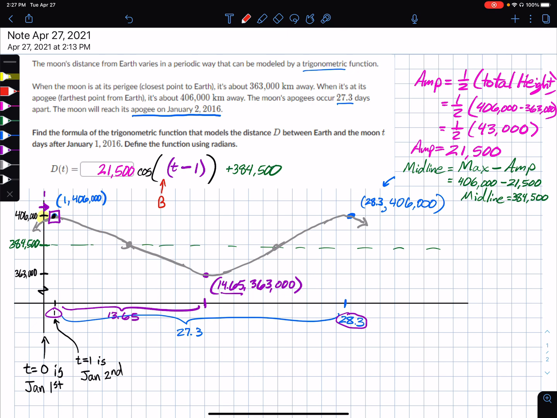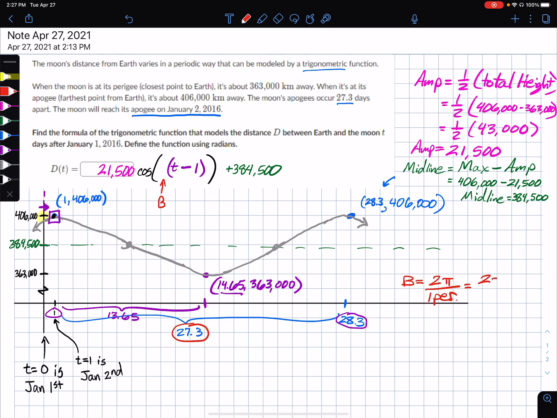So remember, b is equal to 2 pi divided by 1 period. And the beautiful thing about this problem is they gave us the period. The distance between apogees is like saying the length it takes to complete one cycle, because every time it gets back to apogee, that is the amount of days it takes to cycle through all the distances.